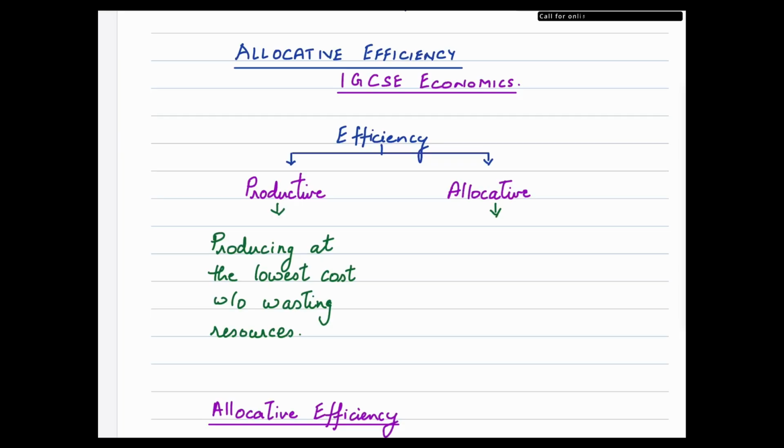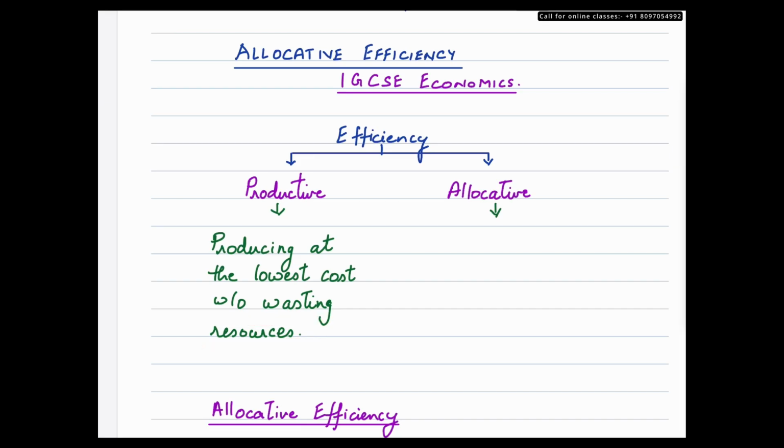Before we define allocative efficiency, I would like to quickly talk about something because students often mix up these terms in exams. There are two types of efficiencies that you would want to remember for your IGCSE exams. The first is productive efficiency and the second is allocative. Productive efficiency is about producing anything at the lowest possible cost without wasting resources.